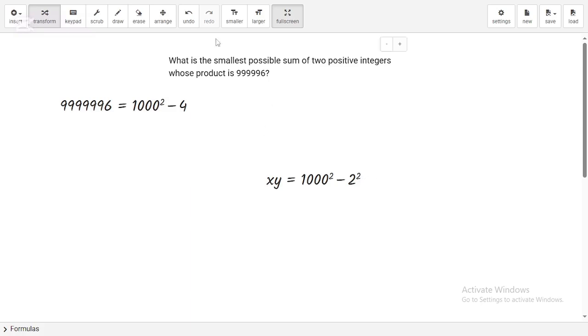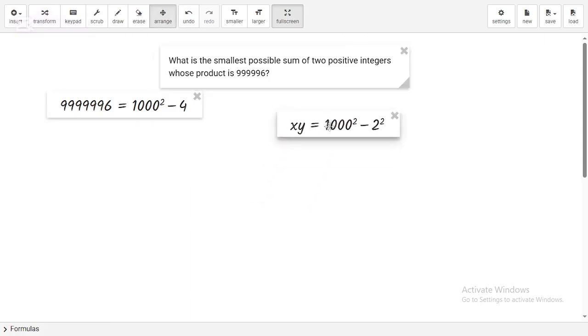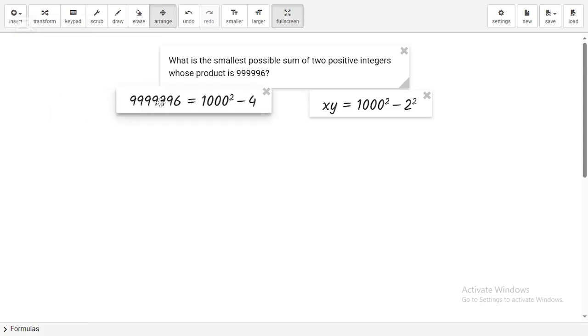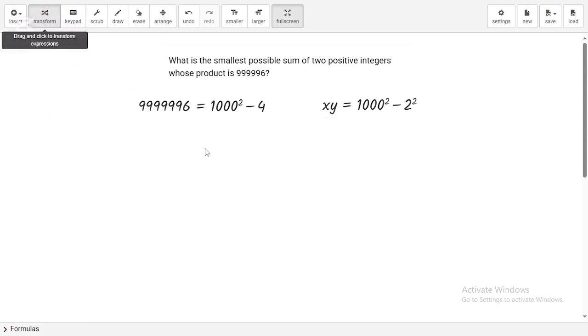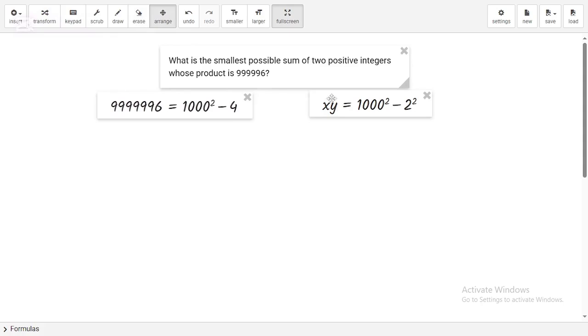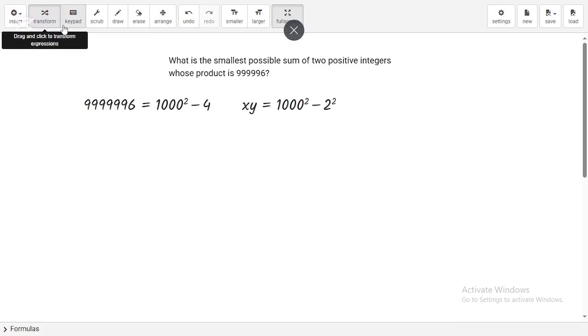Now we have broken down 4 into 2 squared. So this is letting us know that xy is the same thing as 999,996. I think I wrote 9 million here, but please, my bad. It's supposed to be 999,996.